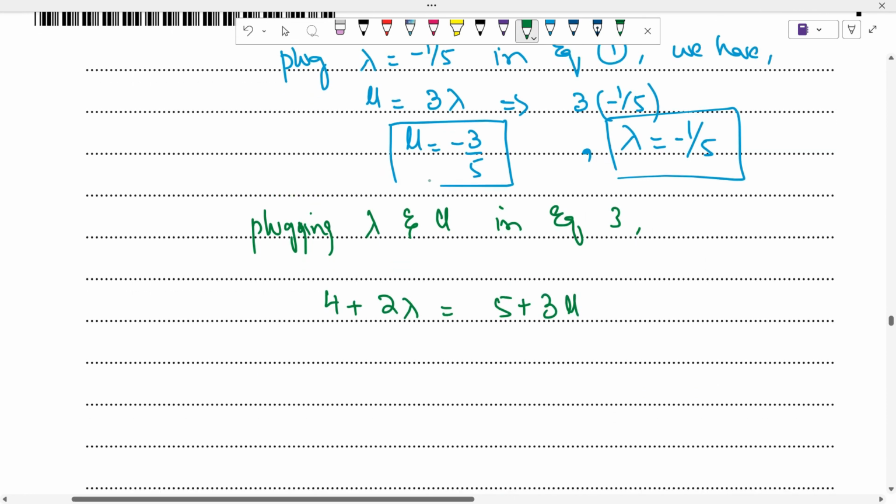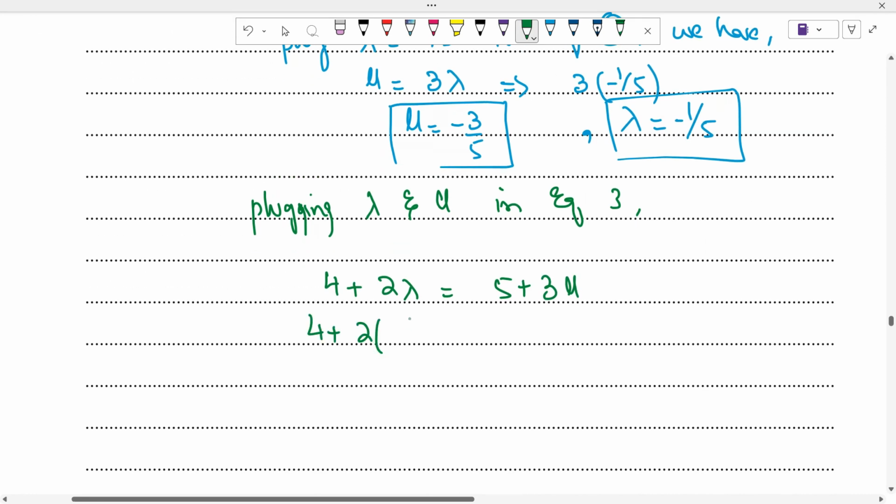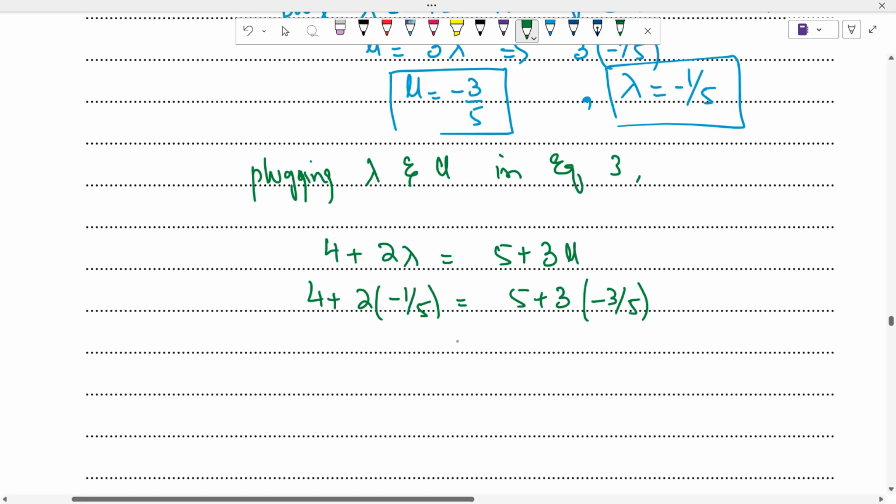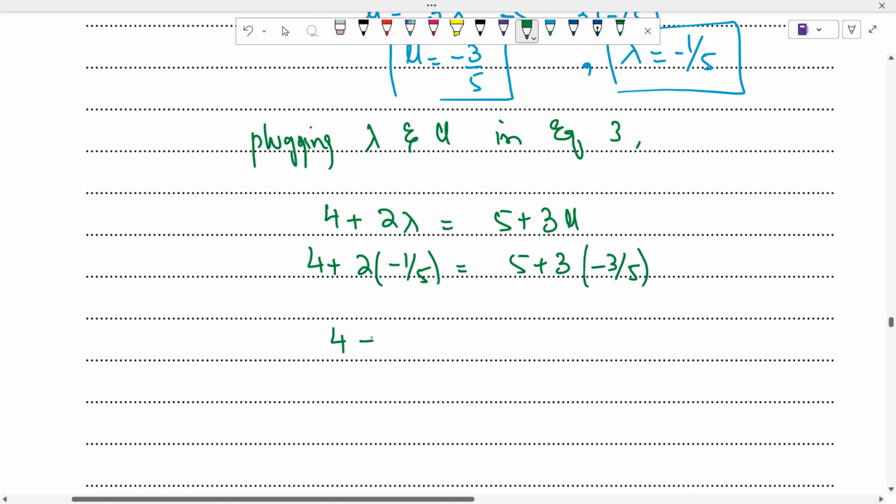So we have 4 plus 2 times lambda, which is -1 over 5, equals 5 plus 3 mu, which is -3 over 5. Solving further, we will have 4 minus 2 over 5 is equal to 5 minus 9 over 5.